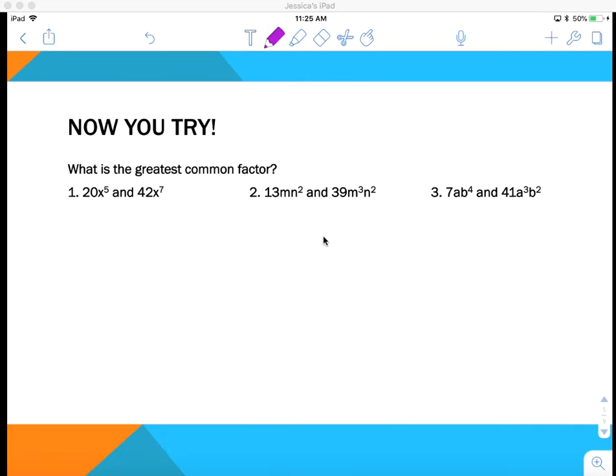For number 1, you should have gotten 2x to the 5th. 2 is the biggest number that will go into both 20 and 42, and then you can take 5 x's from each of those. For number 2, you should get 13m n squared. I can divide both of those numbers by 13.